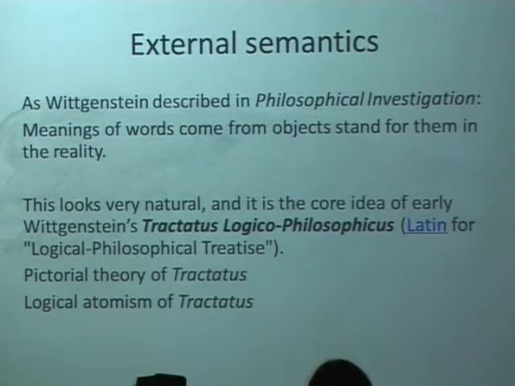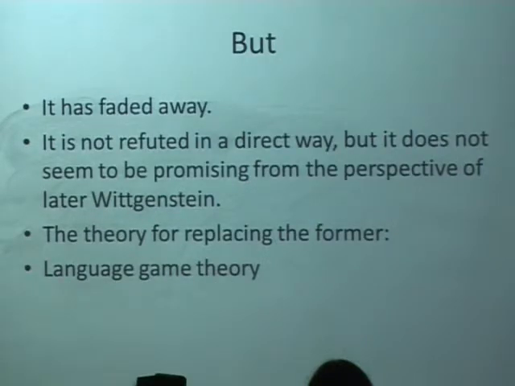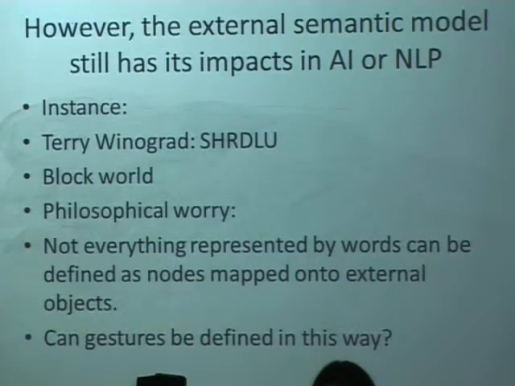The interesting thing is the Tractatus seems to have faded away, at least from the perspective of late Wittgenstein. Late Wittgenstein found that he no longer liked the theory. So he put forward another theory, that is language game theory, which is quite different from the former. So we have some AI instances to illustrate early Wittgenstein's idea.